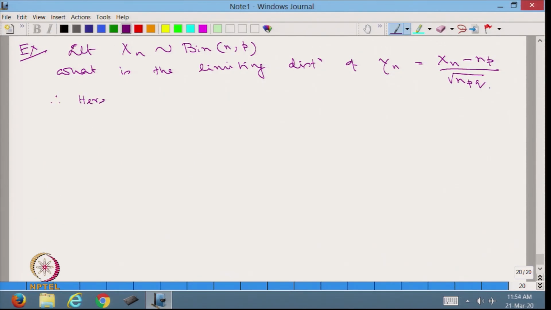Here too we normalize it such that the mean of Y_n is equal to 0 and the variance of Y_n is equal to 1.